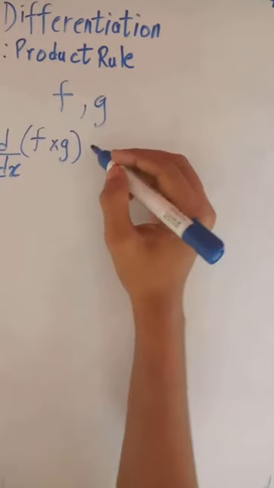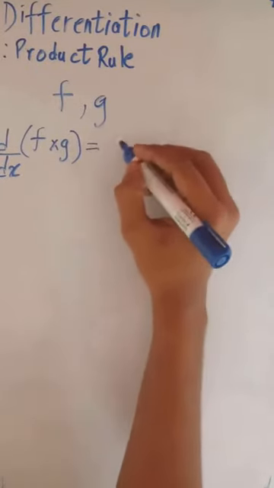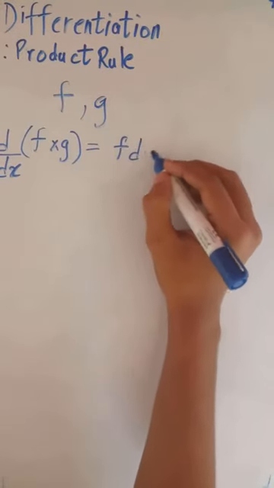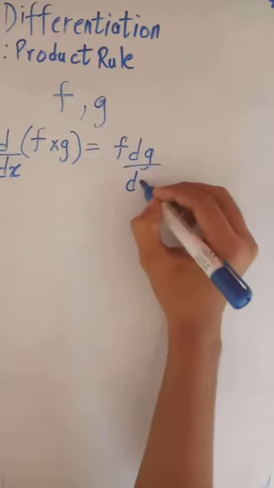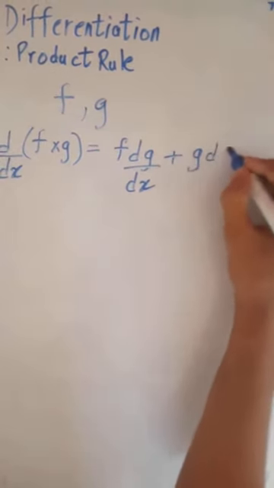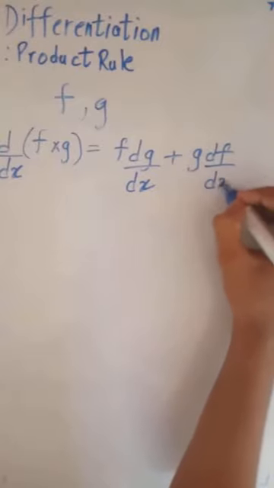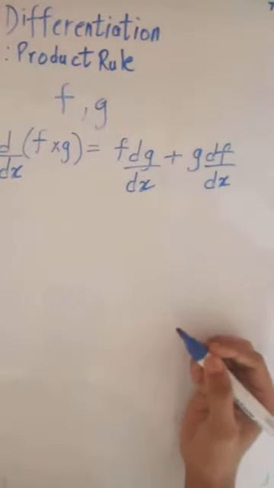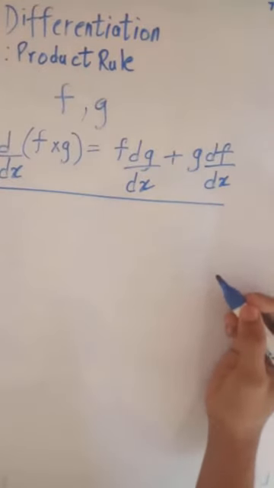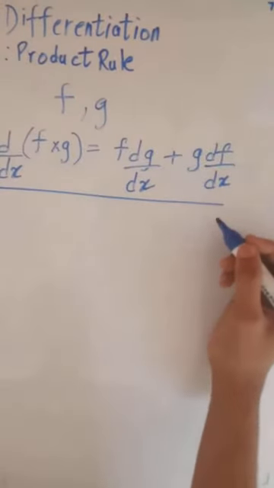As you may have seen, this is a formula and it's equal to the derivative of g times f plus g times the derivative of f with respect to x. This is a very common formula, as you may have seen it many times. Today I'm going to attempt to prove this formula.